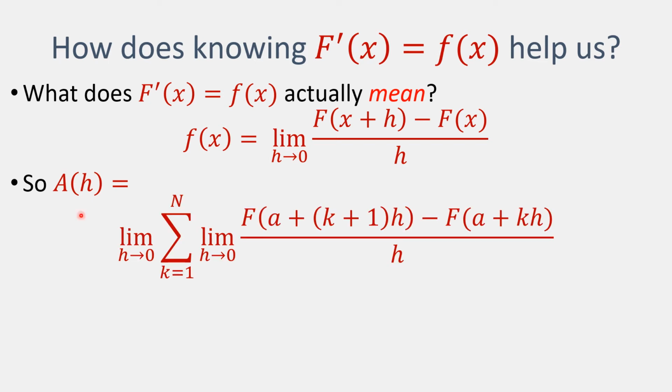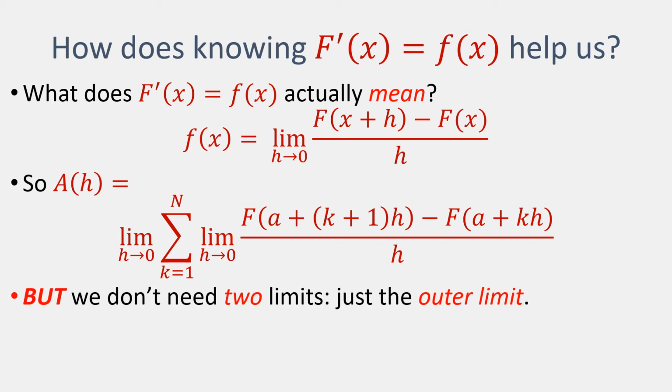We have the limit as the rectangle base approaches 0. We have the summation over all the different rectangles, and then we use in this point here the fact that the function we are analysing is a derivative, the first derivative of another function. So that's what's happening within the term we replace inside the summation.